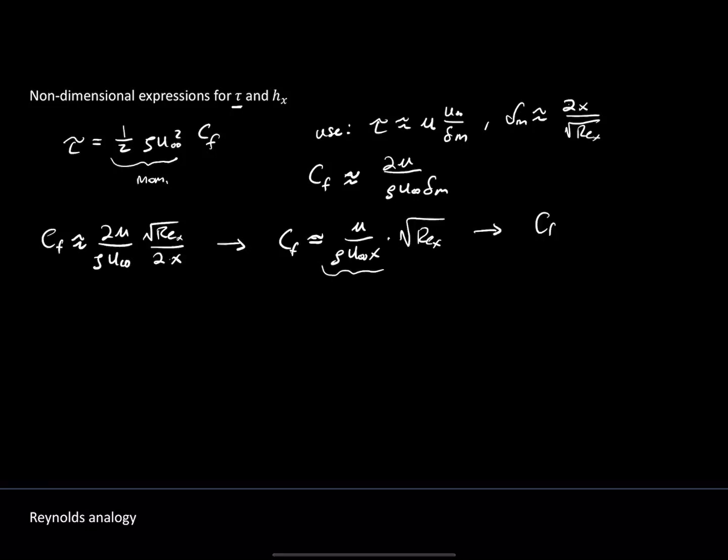So from this model, we actually see CF is approximately equal to 1 over the square root of Reynolds. Our exact model, so this is approximate. If you go through the same type of analysis but using exact solutions, we would get the exact model CF equals 0.664 over the square root of the Reynolds number.